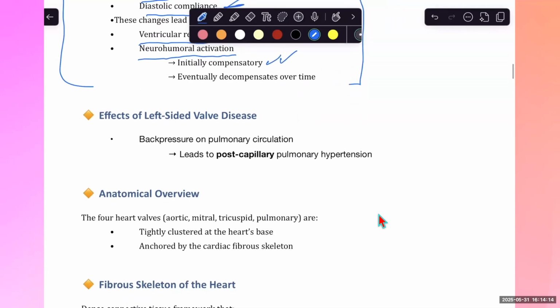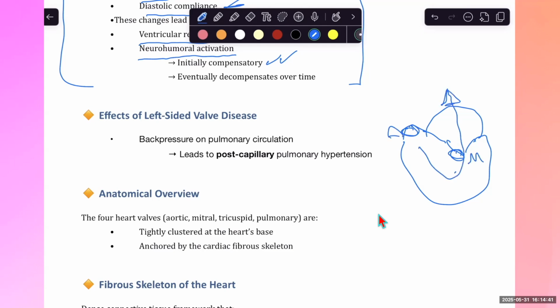This paragraph, you should keep it in your mind, and we will go step by step to explore the situation. Another key point you should be familiar with is the effect of left side disease. If this is the mitral valve or the aortic valve, and this is the left side of the heart, if I have a problem in the aorta or in the mitral, this is the mitral and this is the aortic valve, usually there will be some sort of backstream problem for the pulmonary circulation.